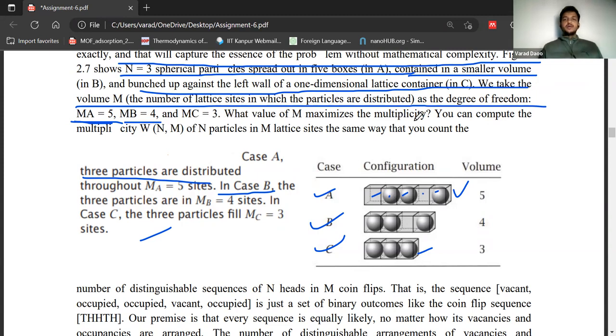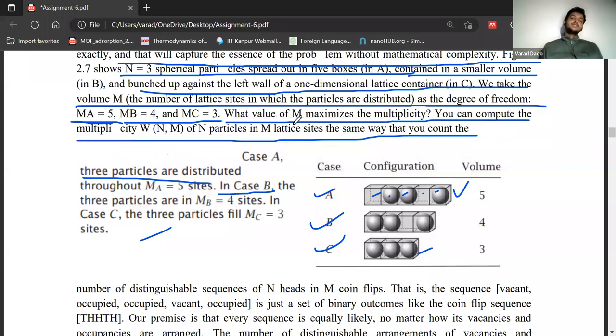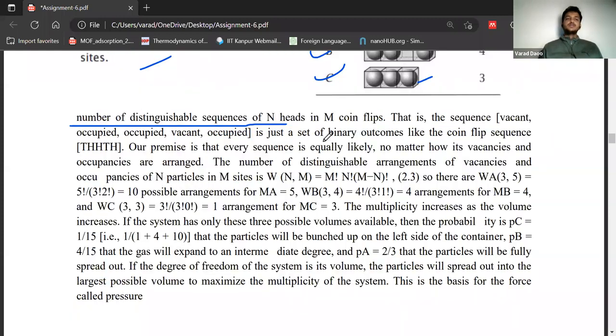So what value of M maximizes the multiplicity? You can compute the multiplicity of n particles in M lattice sites the same way we count the number of distinguishable sequences of n heads in M coin flips. The sequence is just a set of binary outcomes, just like a coin flip sequence.